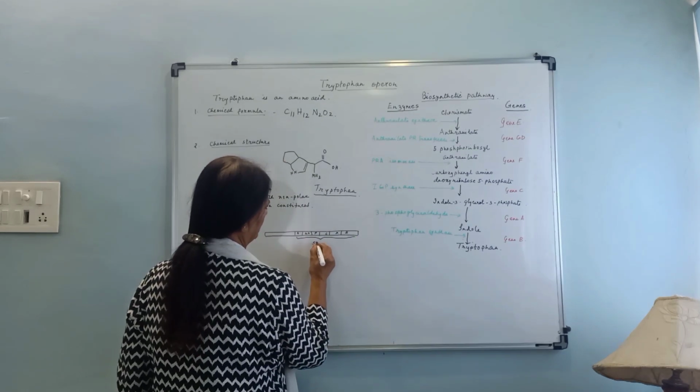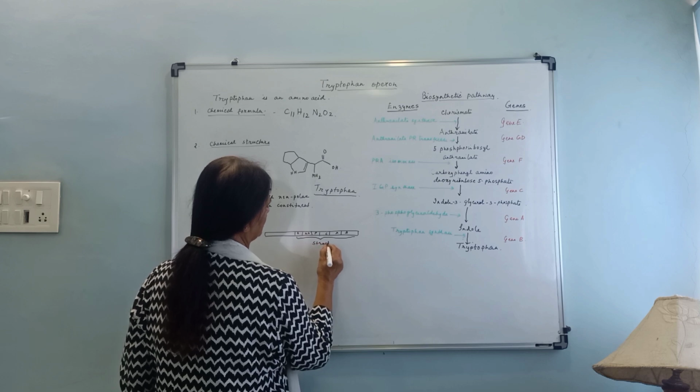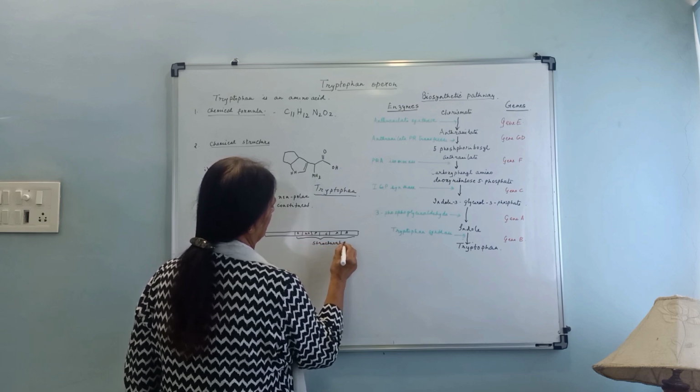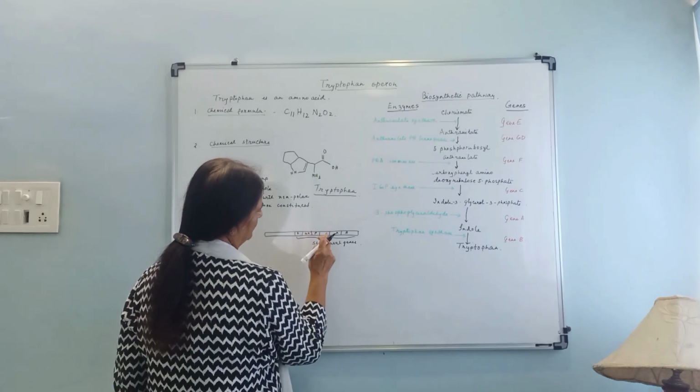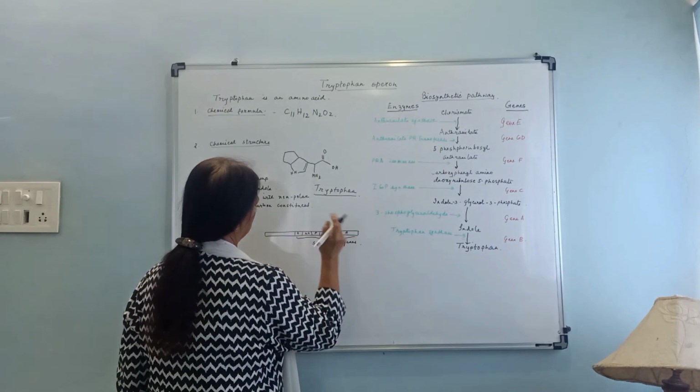In the genetic unit, the structural genes are E, G, D, F, C, A and B.